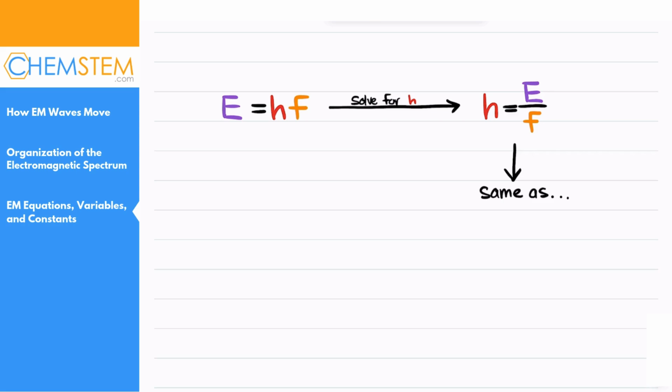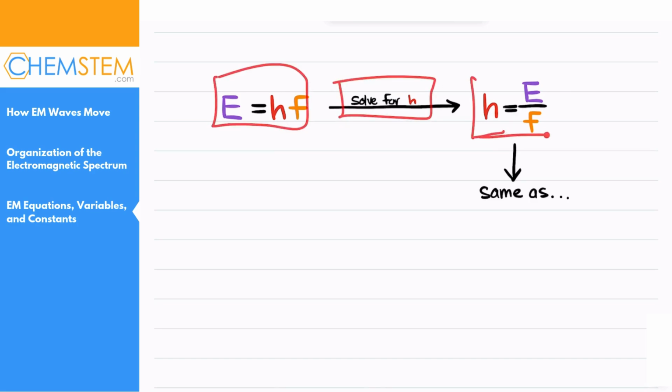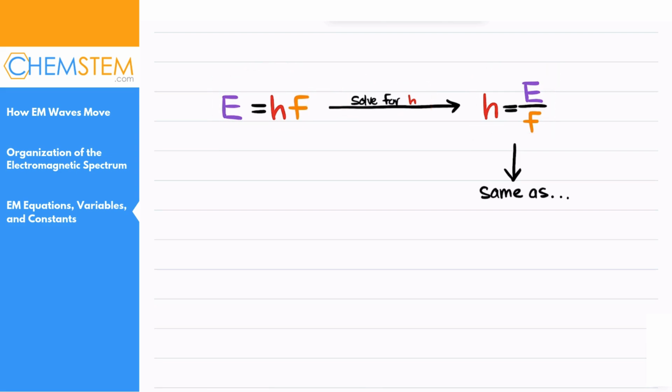If we take the original E equals hf equation and solve it algebraically for h, we get h equals E over f. Now, if we examine the units, we know that the units for energy are joules, and the units for frequency are an inverse second, which is s to the negative 1, which we also write as 1 over s.